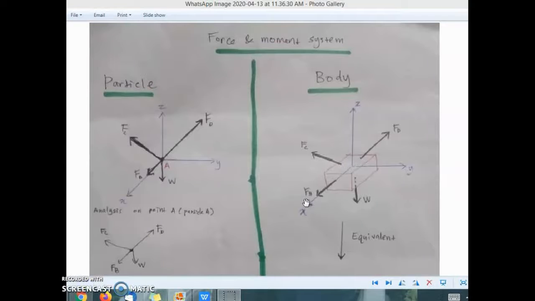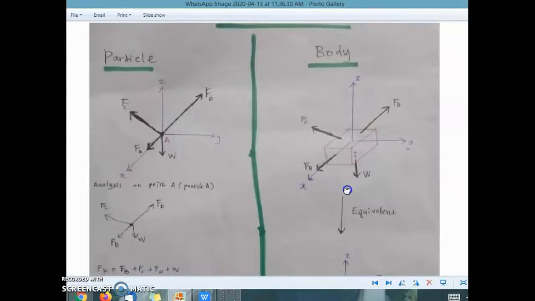Okay, now let's revise about force and moment system. Before this, we learned about chapter 2, which is all about particle of the system. So the force and moment system, we can see typically like this.